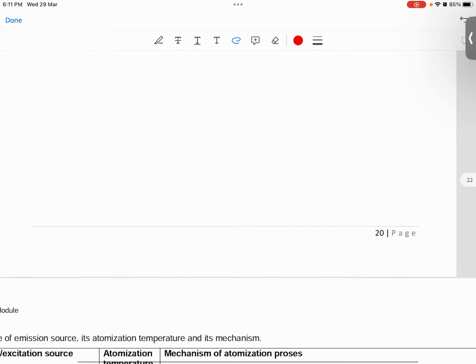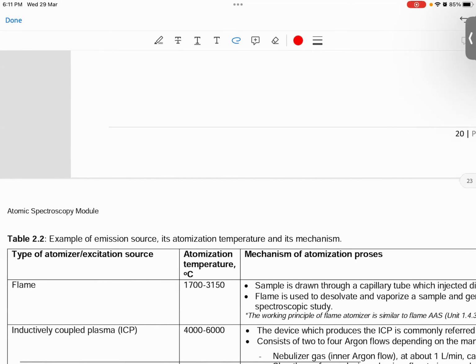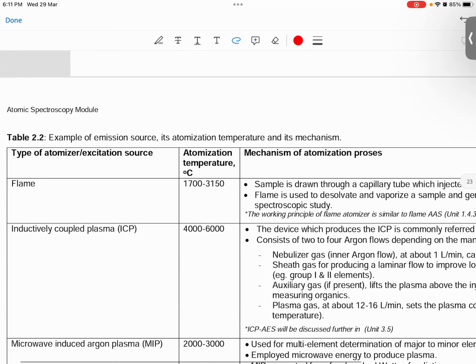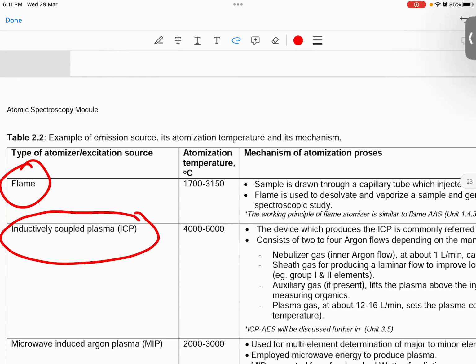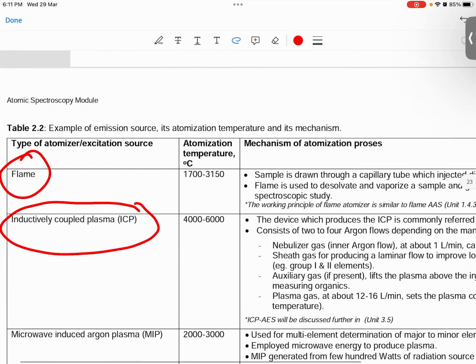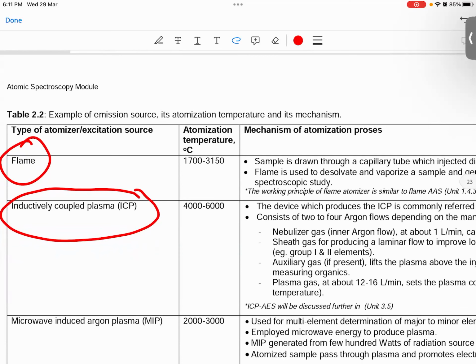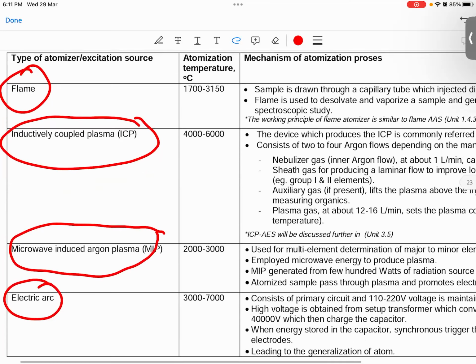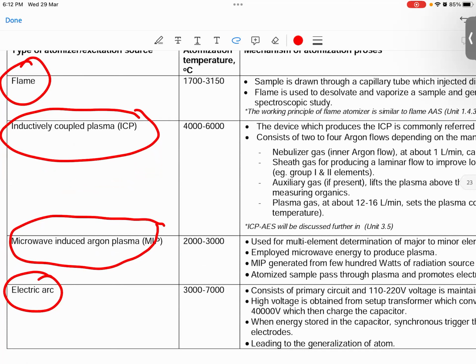If you look here, this is the atomizer and excitation source. The cheaper one is flame, just like what is used in AAS. And a bit more expensive is inductively coupled plasma. The function of this atomizer excitation source is the same as we discussed in AAS. There are also others, microwave and electric arc, which provide different ranges of temperature.